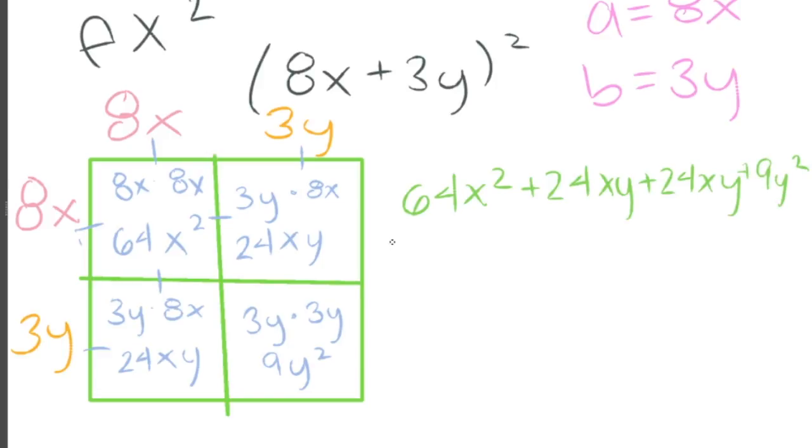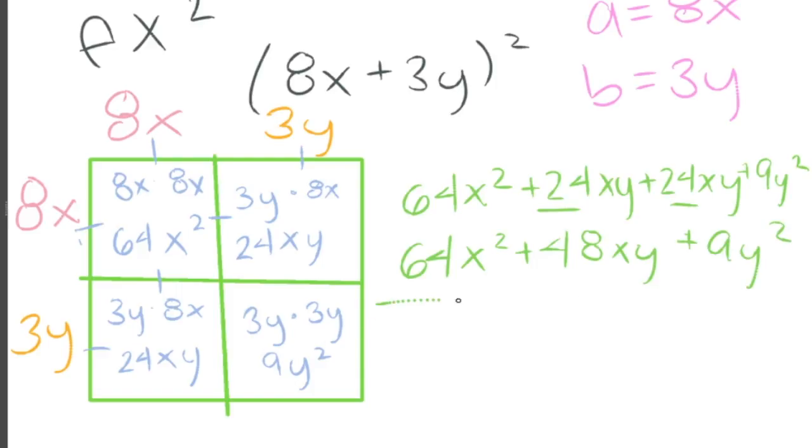Okay, so that gives us, combining like terms, 64x squared is the same, 24xy plus 24xy is 48xy, and then 9y squared. So this is our answer. And that's how to use a square to solve for the squares of sums.